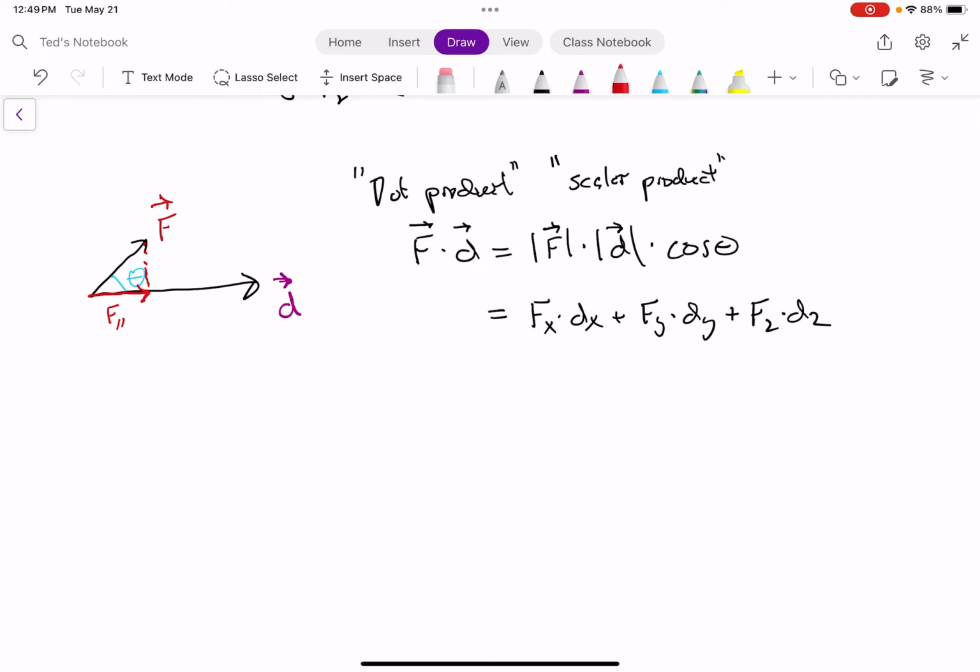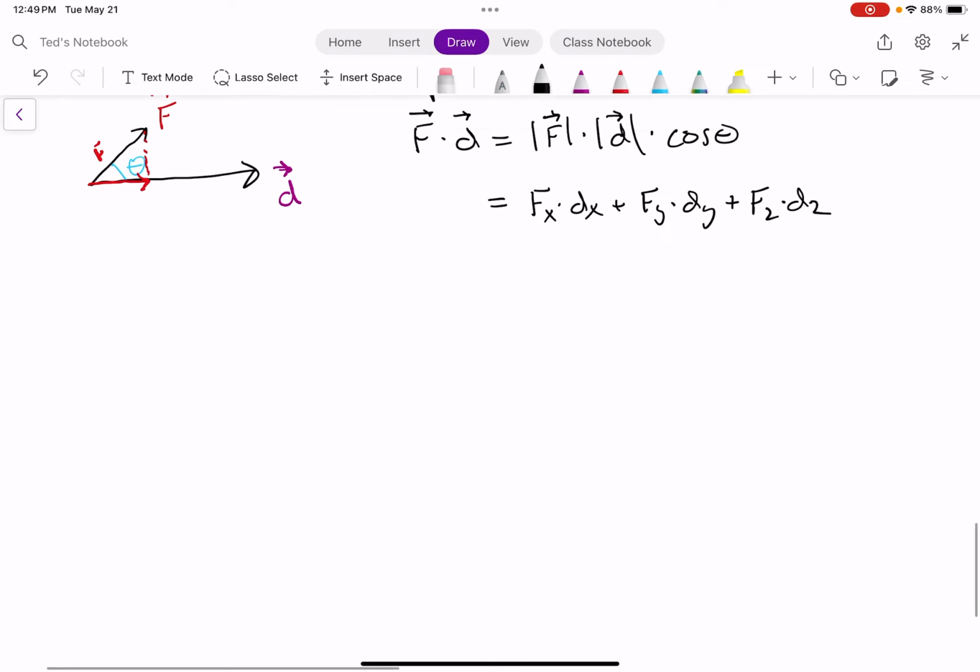Well, that is equal to f cos theta, where f is the length of this vector. And so you can see that f cos theta times d is the dot product. So it's the portion of f that points in the direction of d times d. Okay, so that'll come up in some physics later on in the semester. The next product is called the cross product.